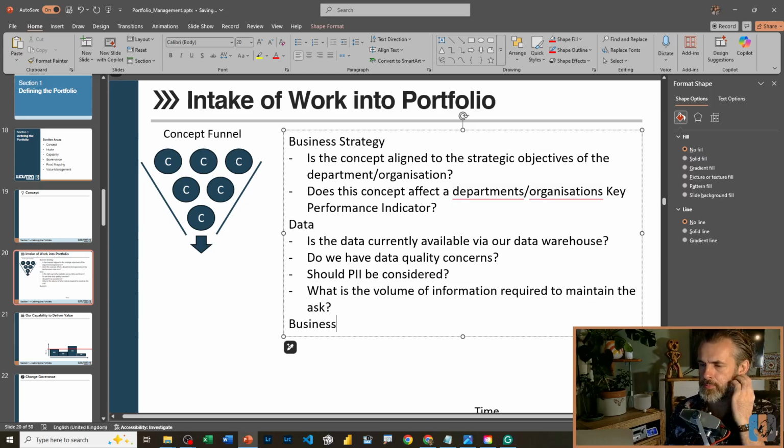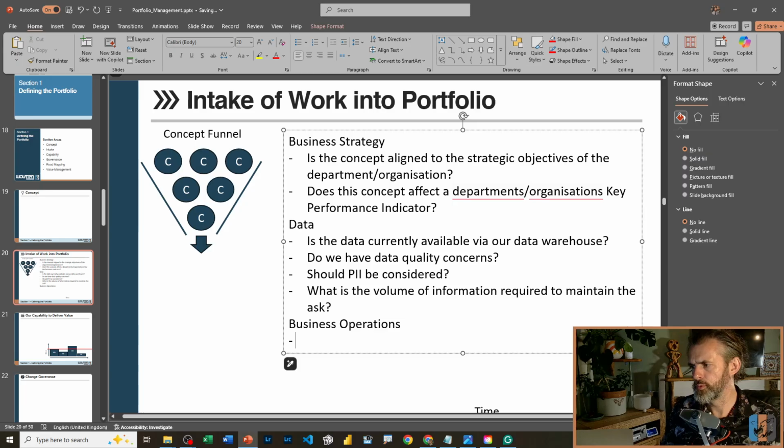Right. So we talked about strategy. Let's talk about operations. So how does this affect the day-to-day? I guess a question here would be around, we're talking about data and analytics, so who's the end audience?